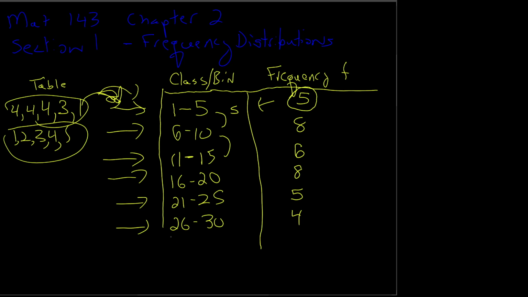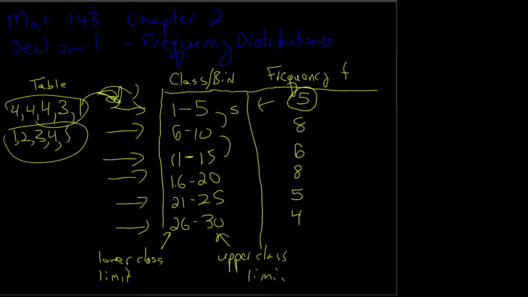Now, what we're going to call this the lower class limit. And when I point to this lower class limit and the upper class limit, that's for each thing on this side.